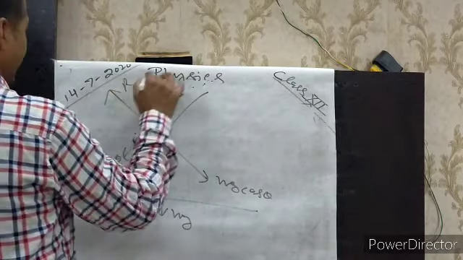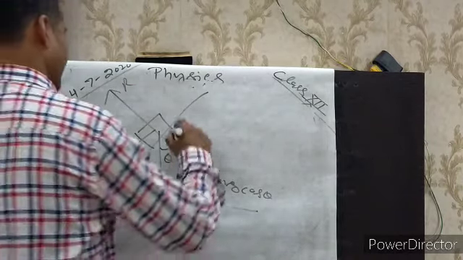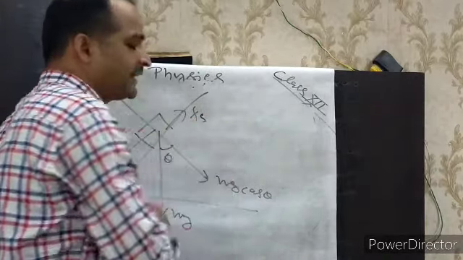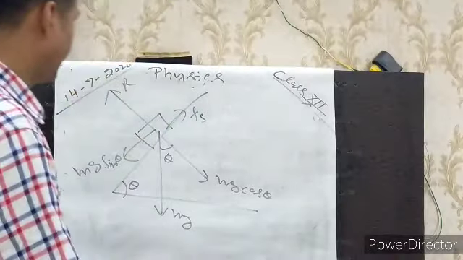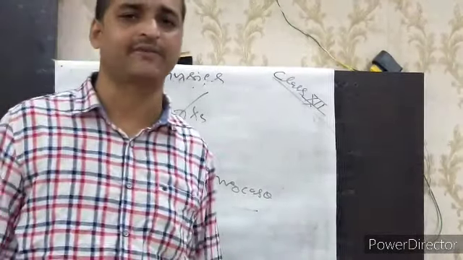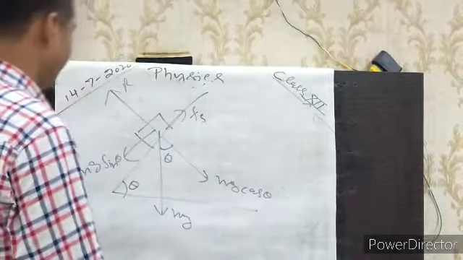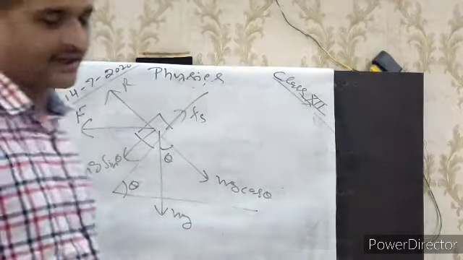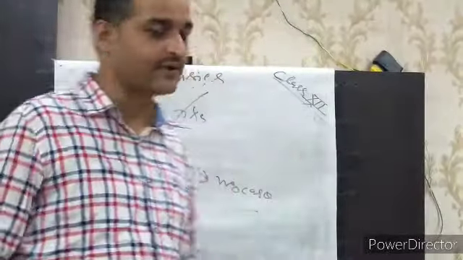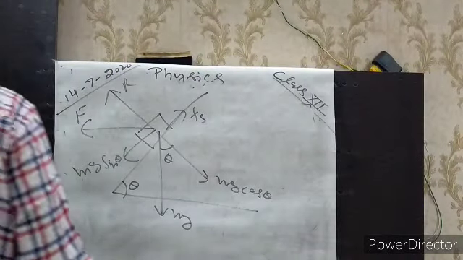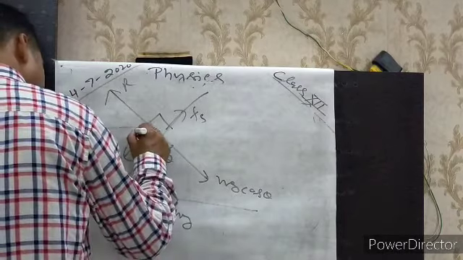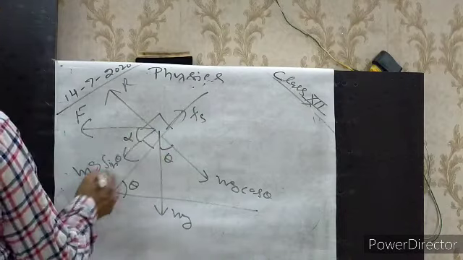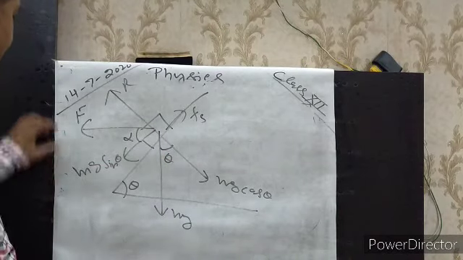Now this is normal reaction R, body is not moving, friction will act in the opposite direction F, body is not moving, that's why we have to take it Fs, means static friction. Now suppose to initiate the motion we are applying force in this direction on the block, and this force is capital F. We are the external agent applying the force in this direction, which is making angle alpha here. Alpha is the angle from mg sin theta. Clear?